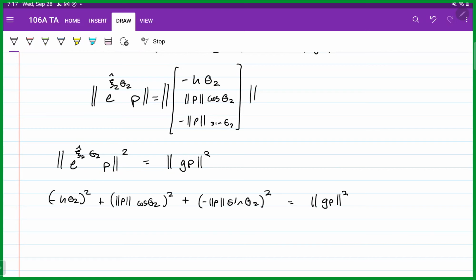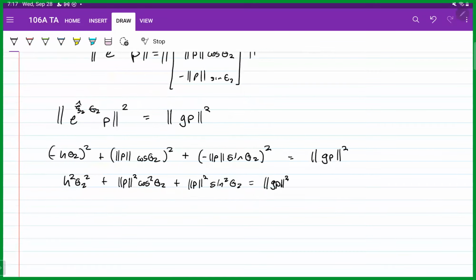Okay, so the square of negative h theta 2 is h squared theta 2 squared, right? Then this is going to be plus magnitude of p squared cosine squared of theta 2 plus the magnitude of p squared, because that negative will drop out, times the square of the sine of theta 2 equal to gp squared.